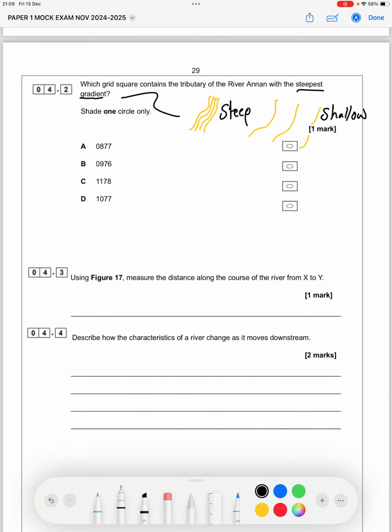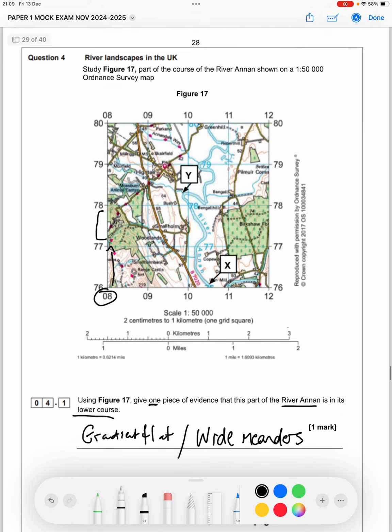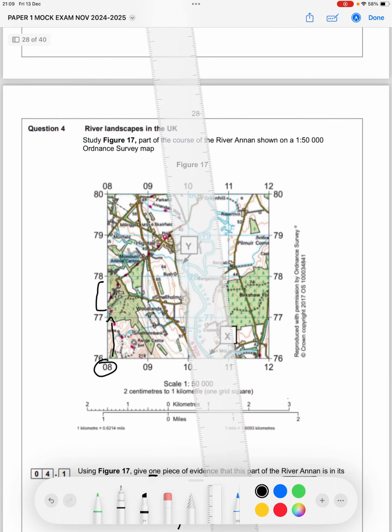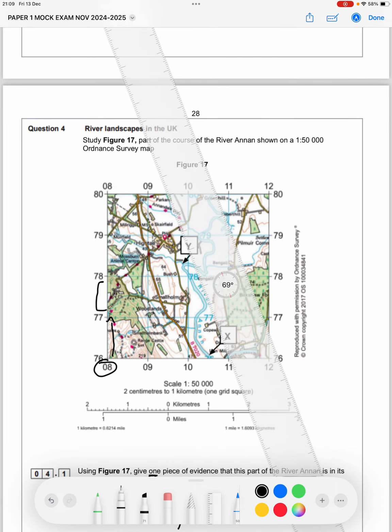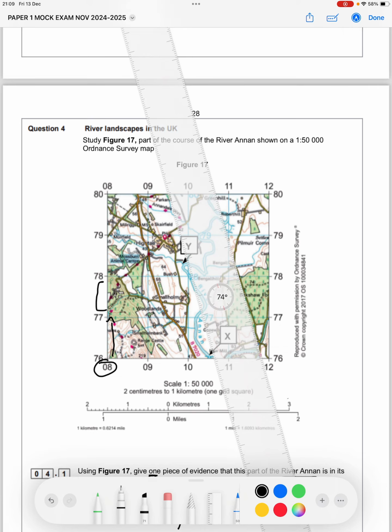Using figure 17, measure the distance along the course of the river from X to Y. So this is where you'd go back up. You would get your ruler and measure up to both points.